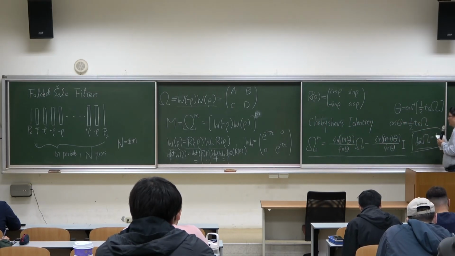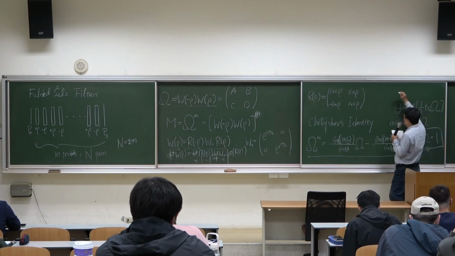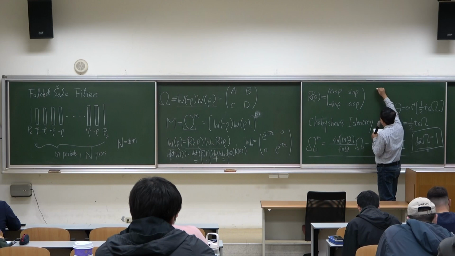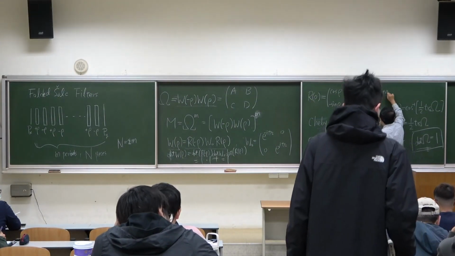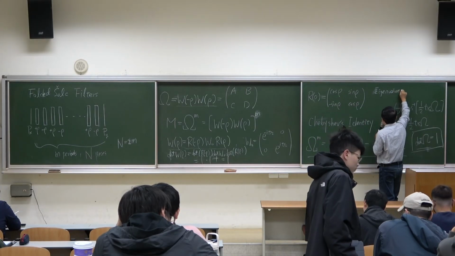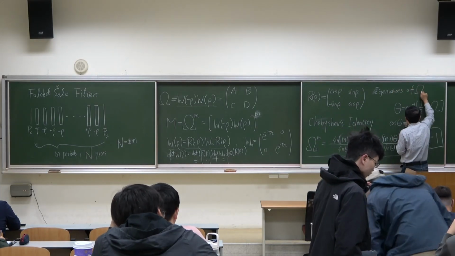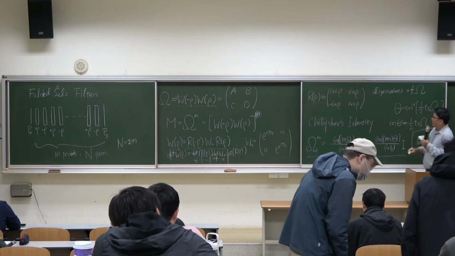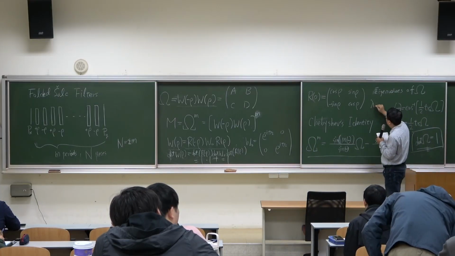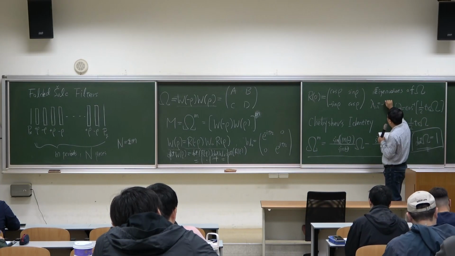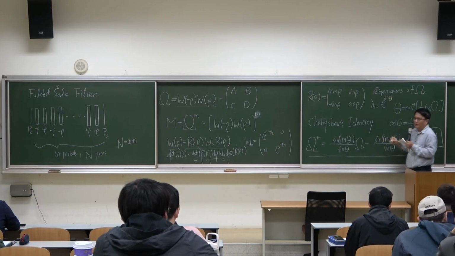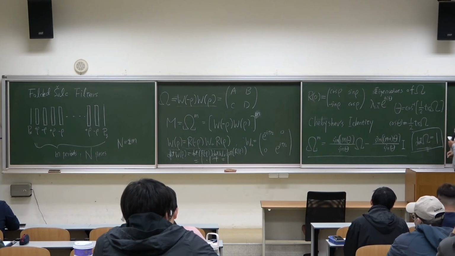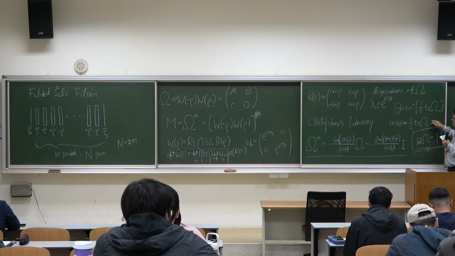So determinant Omega is 1. Okay, so once you have this property, you can denote the eigenvalues of Omega as lambda 1, 2 equal to exponential plus minus i theta. And how about the trace?